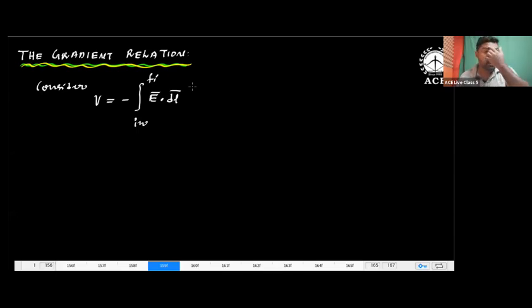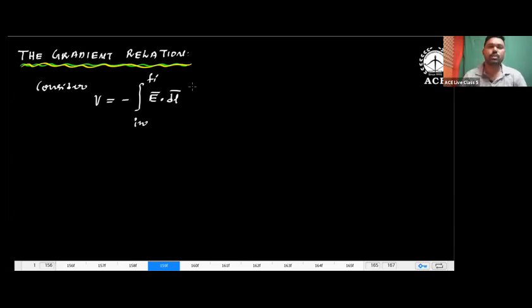So if the electric field is given, this is how you can find out the potential. Yes or not? This is how you can find out the potential. Now I want to do reverse. If the potential is given, can you find out the electric field?